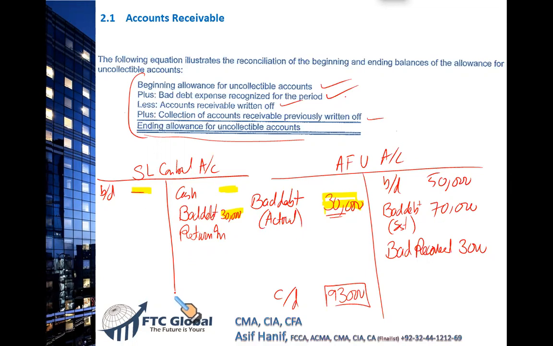All the discount allowed to our customers will appear here, discount allowed. And sometimes a customer is also a supplier, so we normally set off such accounts. So it's sometimes called set off or contra. This is the maximum we will have, and the closing balance will be shown here.